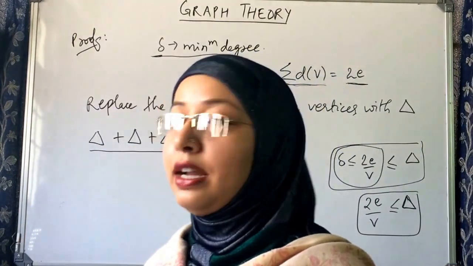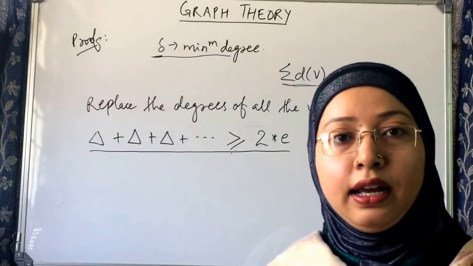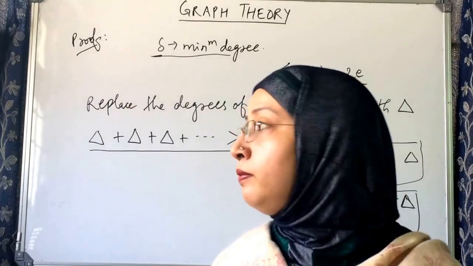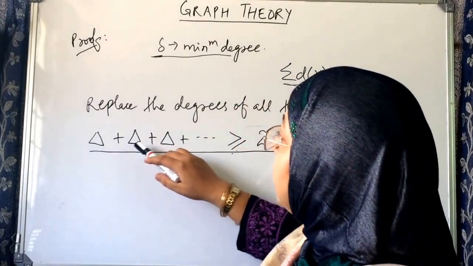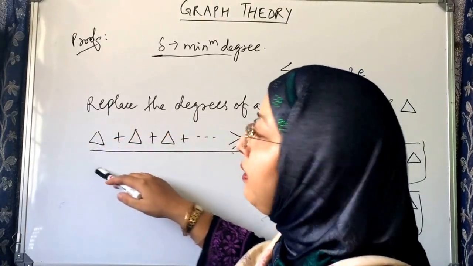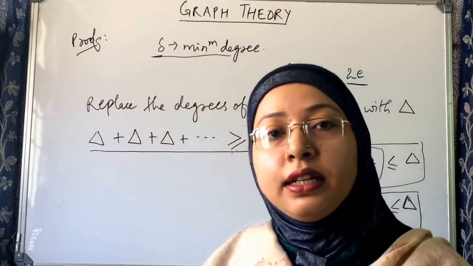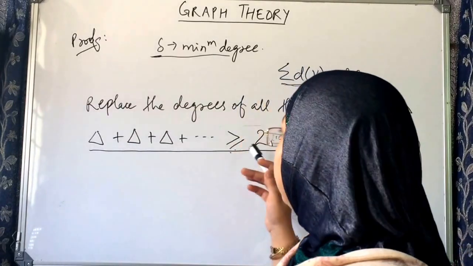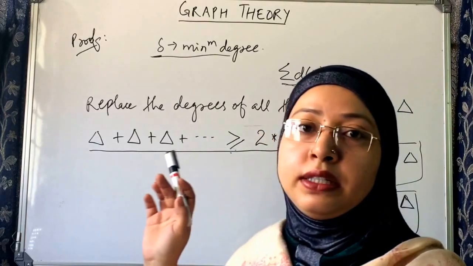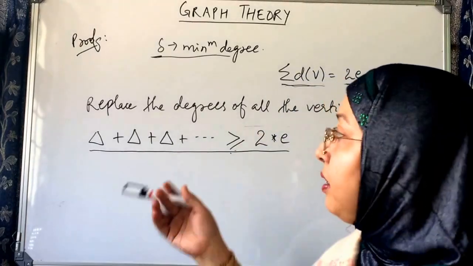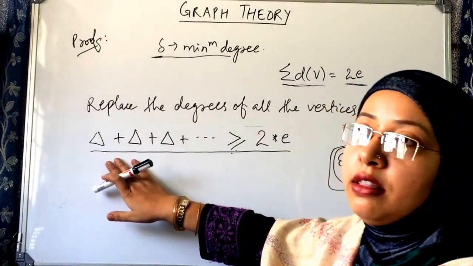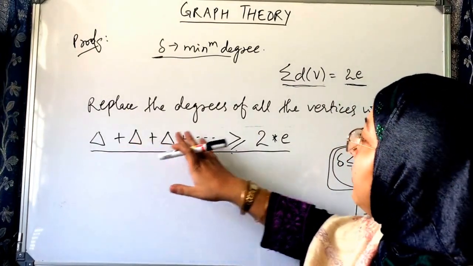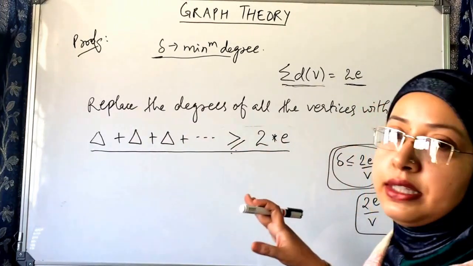It is not necessary that every vertex has degree delta, but it is the maximum degree, so the sum cannot be greater than this. I am replacing the degree of all the vertices with delta, the maximum degree, so it will always be greater than or equal to twice E, because it is not necessary that all the vertices have the maximum degree.